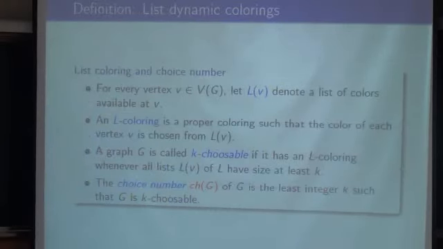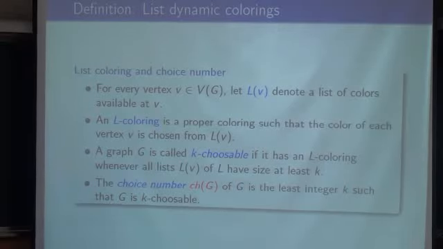And also, we can consider the list coloring version for dynamic coloring. So let me first define list coloring and choice number. Maybe some of you already know the definition. For every vertex v, let L(v) denote a list of colors available at v.